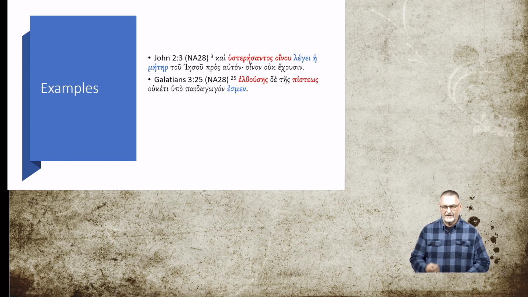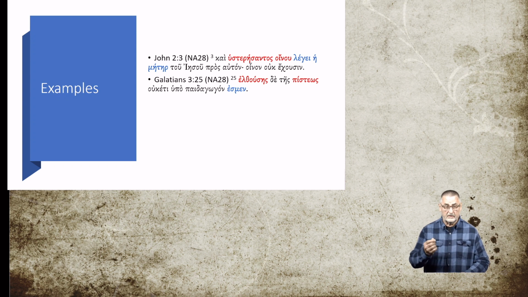The genitive noun or pronoun is there. And notice that those first three words of that verse really are not connected to the main part of the sentence. The main part of the sentence begins with "legei hē mētēr tou Iēsou pros auton, oinon ouk echousin."